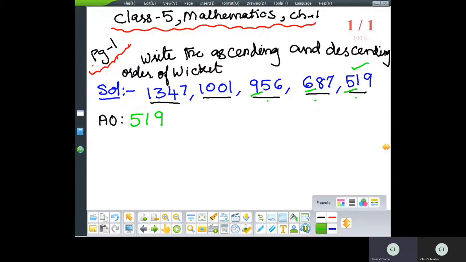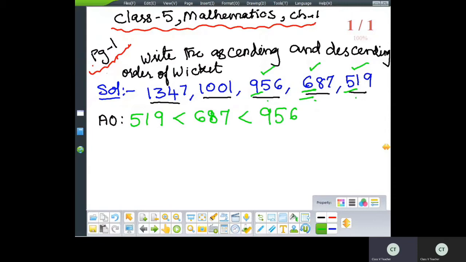So now secondly, 2 three-digit numbers are still remaining. So 6 is the second smaller number. Yes, 687. The next one, what is the remaining 3-digit number left out? Yes, children? 956. So now the 3-digit numbers are completed. Now you have to go through the 4-digit numbers.